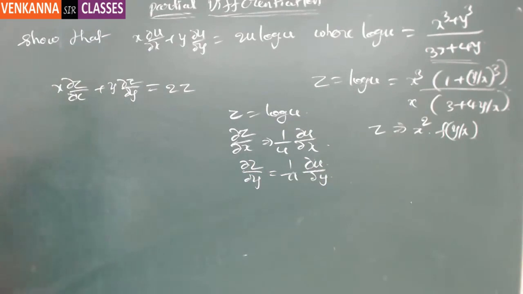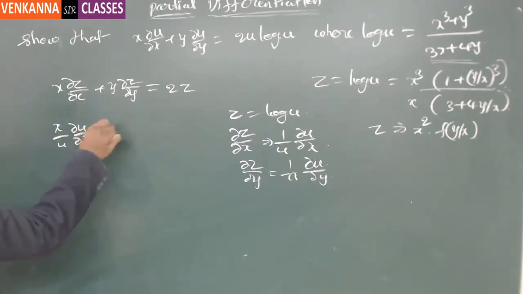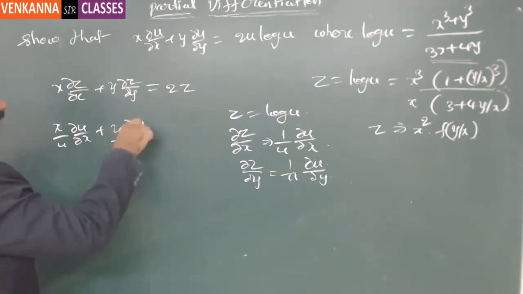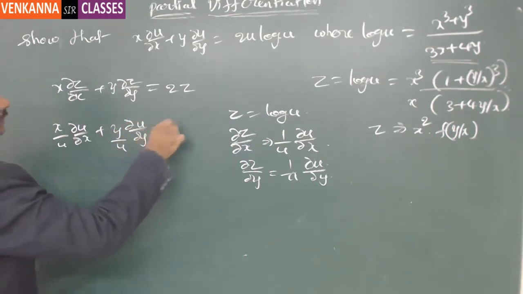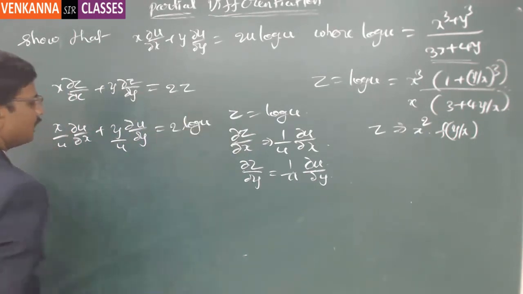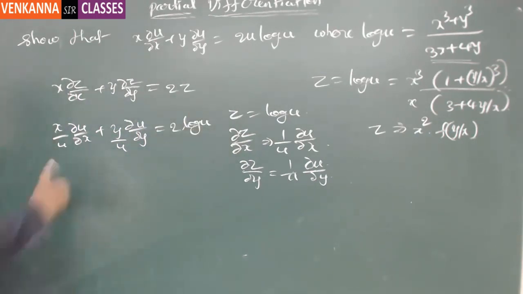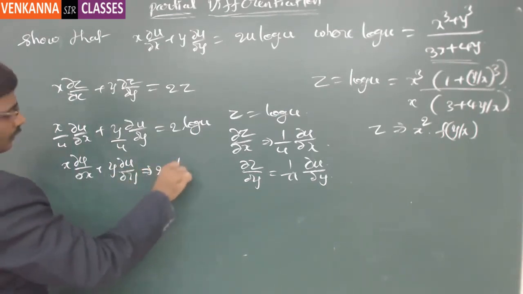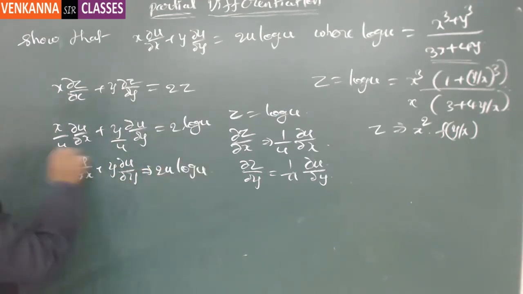Now if you replace ∂z/∂x and ∂z/∂y, so x/u times ∂u/∂x plus y/u times ∂u/∂y is equal to 2 times log u. So z I replaced with log u. Then u will go to the other side. So x ∂u/∂x plus y ∂u/∂y equal to 2u times log u. And this is what he asked us to prove.